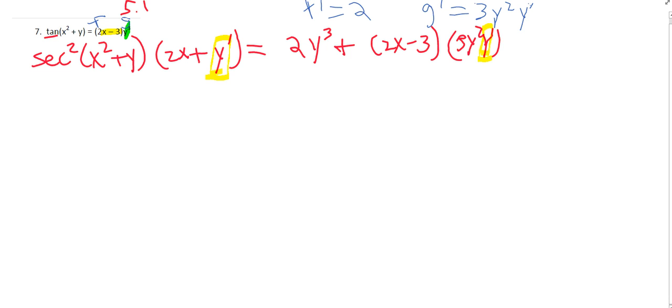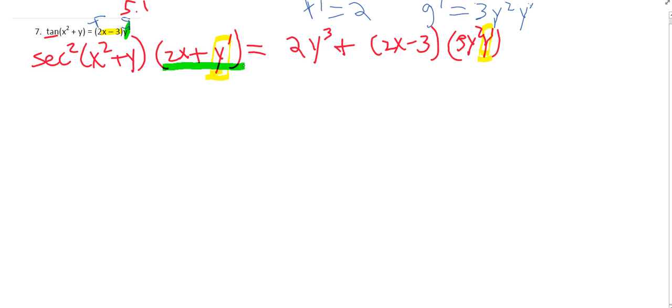So in order to do that, well, we have to somehow separate it and isolate y prime over here on the left. So we could do it a number of ways. The first thing we could do would be to distribute this 2x plus y right here.